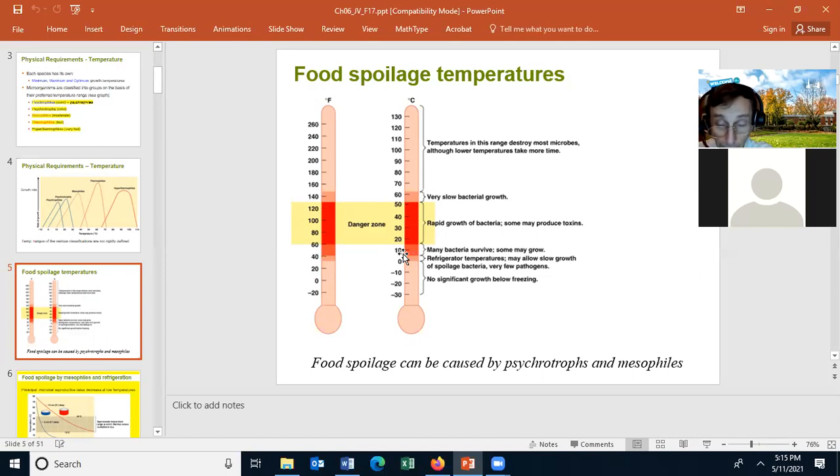So you should throw that food out after a week in the refrigerator, unless the food has a preservative like salt or a lot of sugar or an acid. Ketchup, for example, lasts a long time in the refrigerator, and I'm going to say at least 2 years. Okay, any question about any of that?